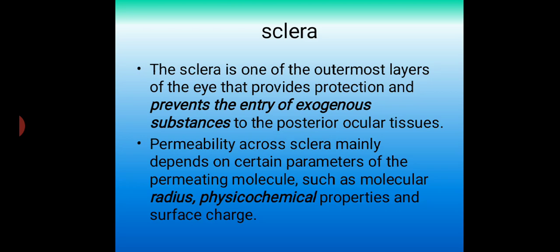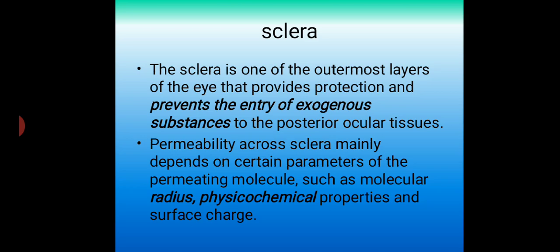Sclera, as you know, is one of the outermost layers, and we have discussed the anatomy of sclera in detail in the ocular anatomy portion. This sclera provides protection, and it also prevents the entry of various exogenous or foreign substances into the posterior segment of our eye.